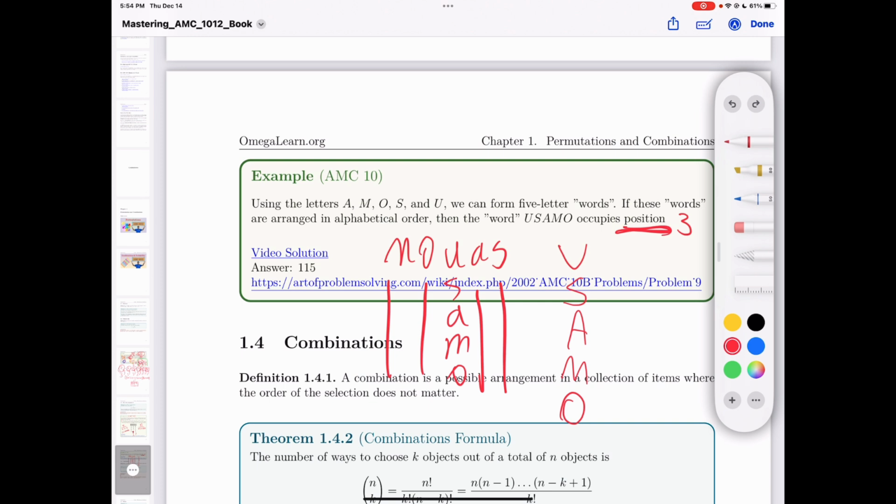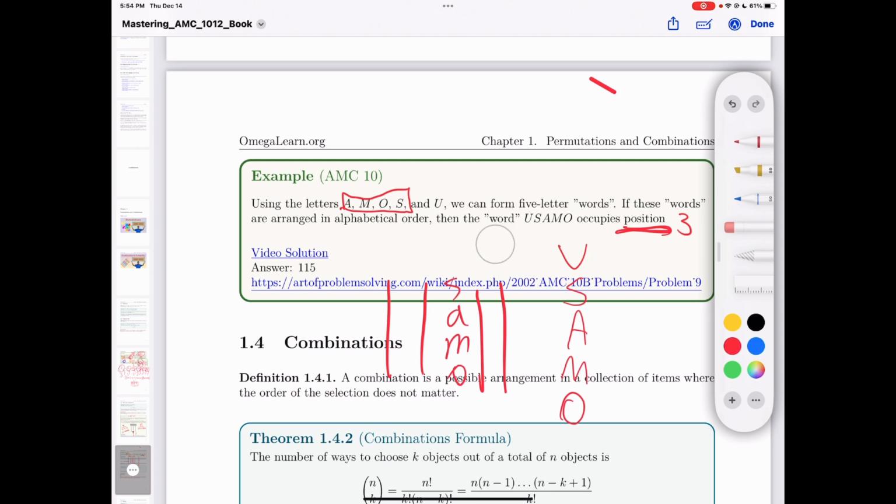First 4 letters. A, B, C, D, E, F, G, H, I, J, K, L, M, N, O, P. So this is in alphabetical order. Oh, I think I get it.